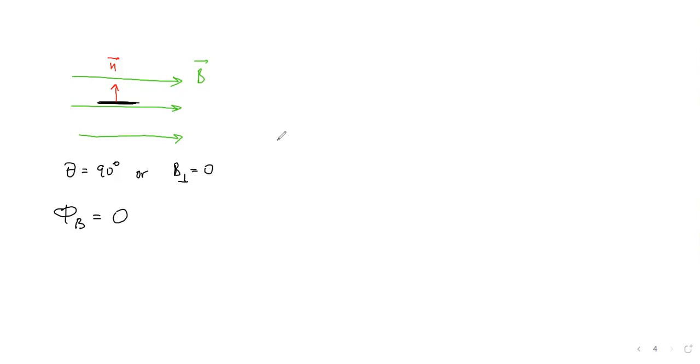Or I can maybe tilt the loop, not by 90 degrees, but by some non-trivial angle. So the same picture, and I'll try to tilt my loop maybe this way. Then vector n perpendicular to the loop will be this.